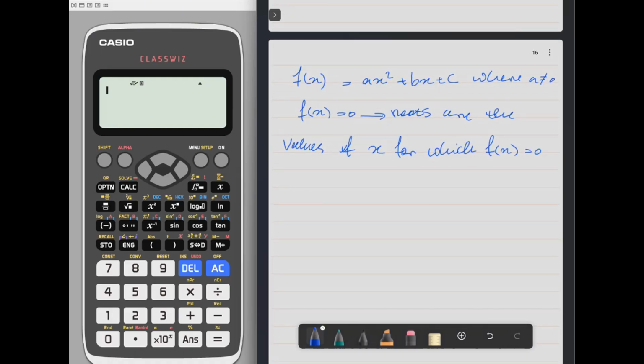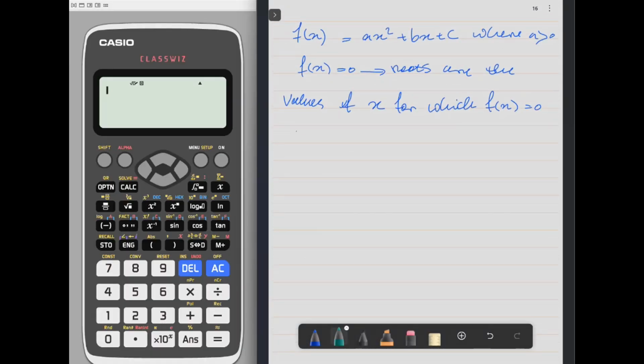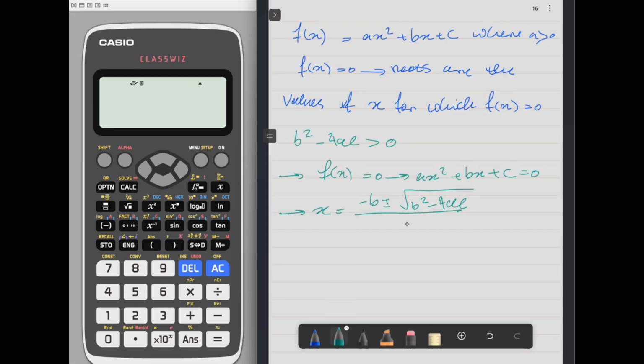For me to have a better clarification for the sketch of the graph, let's say a is greater than 0. So guys, if you have b squared minus 4ac greater than 0, it means that for f of x equal to 0, which is ax squared plus bx plus c equal to 0, your answers for x will be minus b plus or minus root b squared minus 4ac divided by 2a.